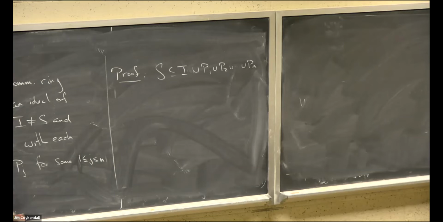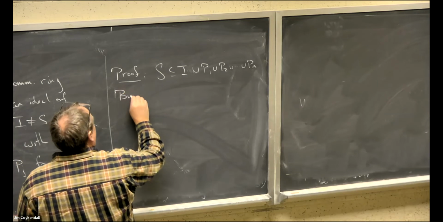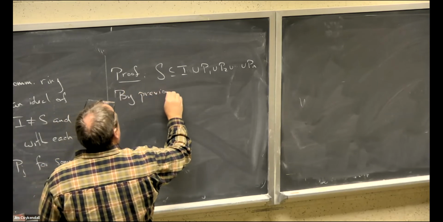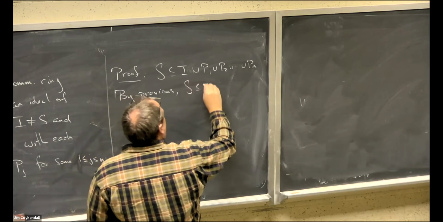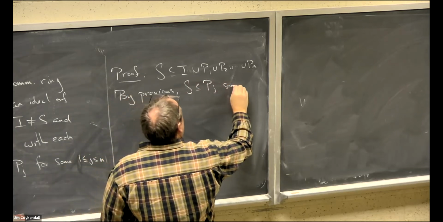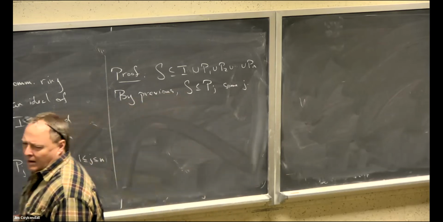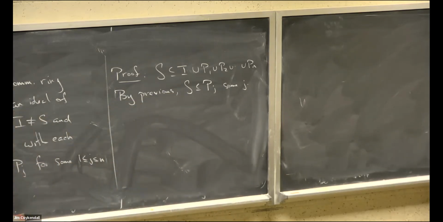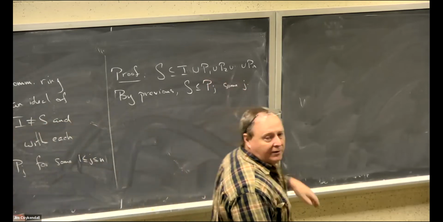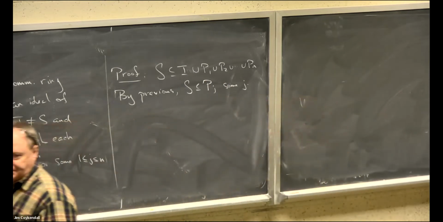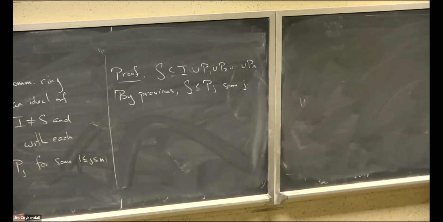And remember that result we had about, we can give a quote here: if you have a collection of ideals, and at least n minus 2 of the ideals are prime, then S must be contained in one of them. Well, that's what we've got going on here. In fact, n minus 1 of them are prime. And so there you go.